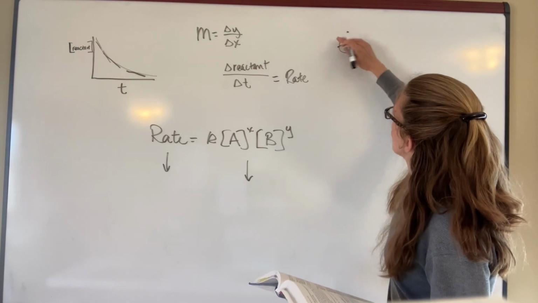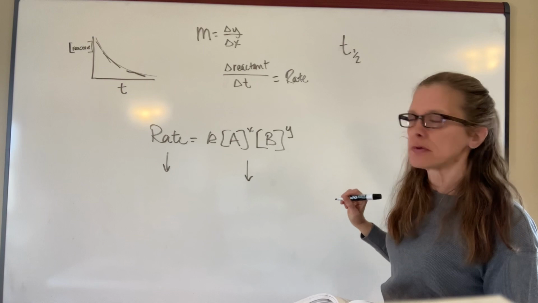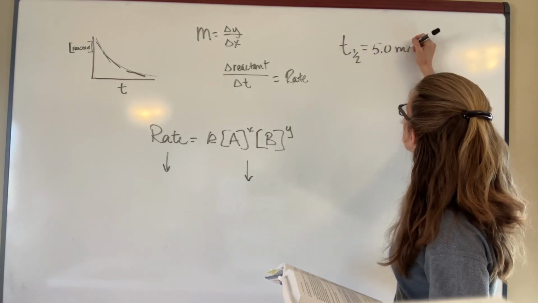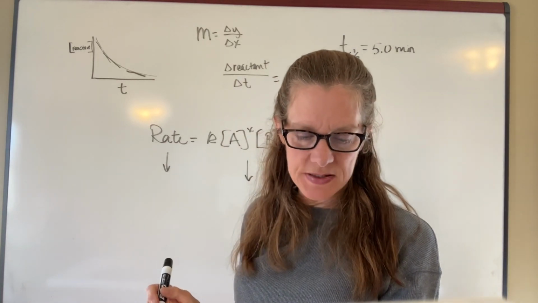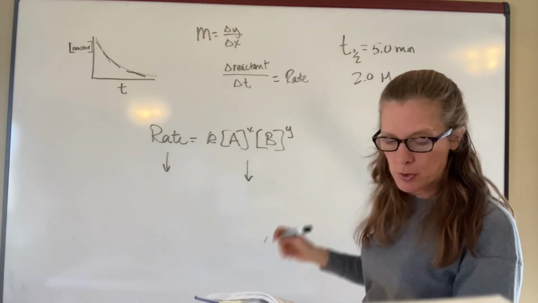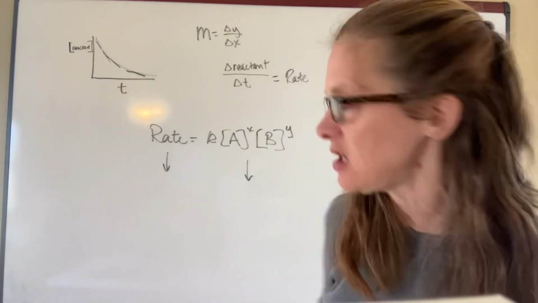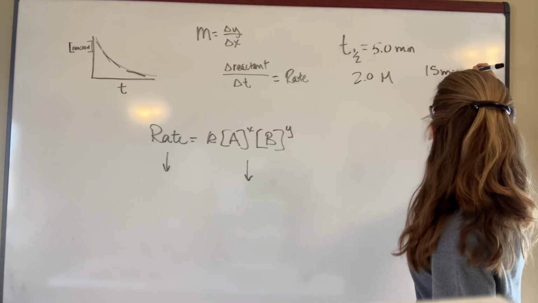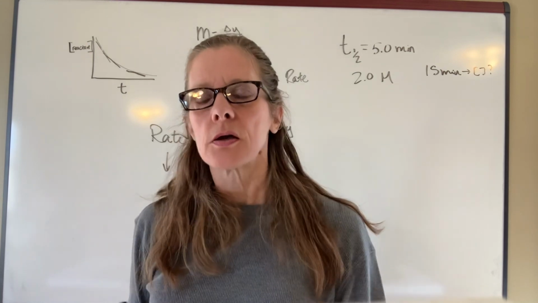So normally the way we write half-life is like this: half-life is 5 minutes. The initial concentration of the reactant is 2 molar. And I want to know what the concentration of the reactant is after 15 minutes.